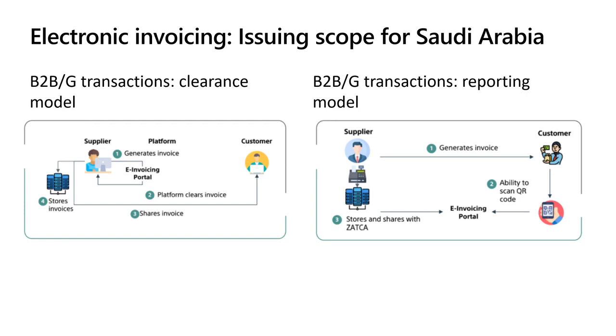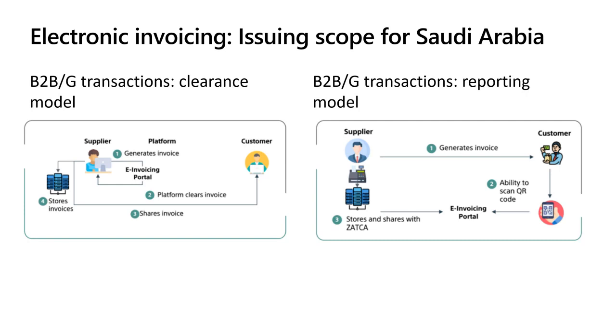We implemented the two models defined by the tax authority. The first one is the clearance mode. Here, the definition is what they call the tax e-invoice, right? The tax e-invoice is an invoice that requires communication when you are submitting.